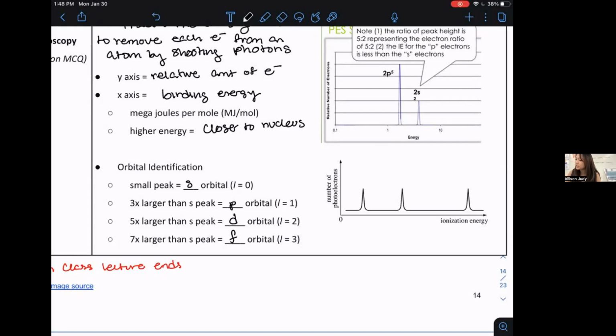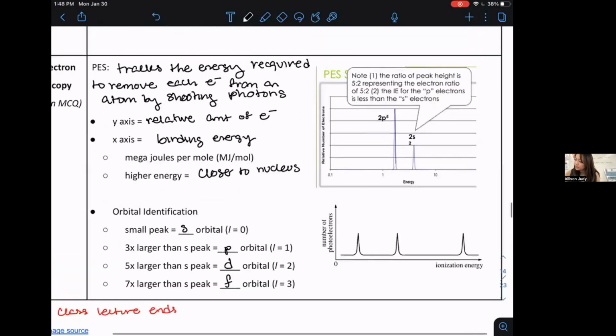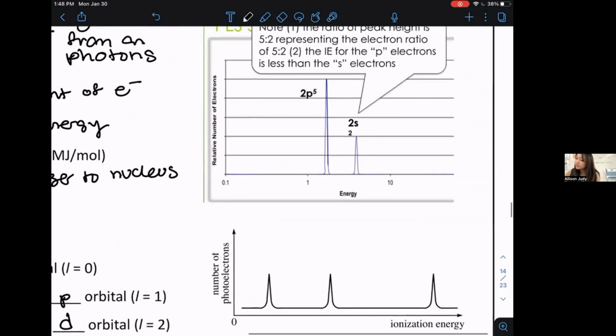So let's look at this example. This is a little unique because they actually reverse the x-axis. We tend to see that they write this number over here, which is usually a huge number.